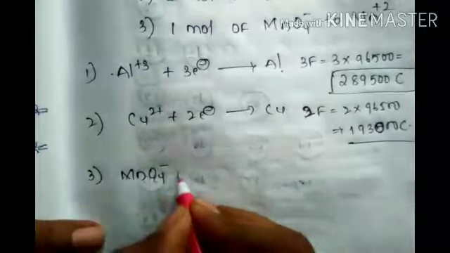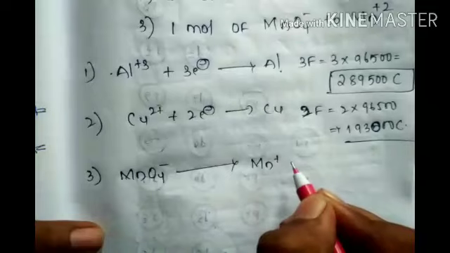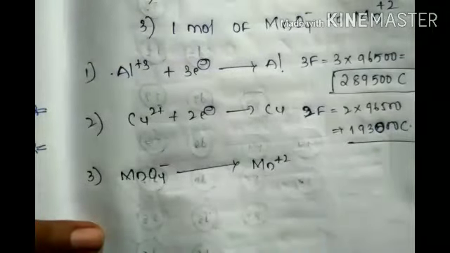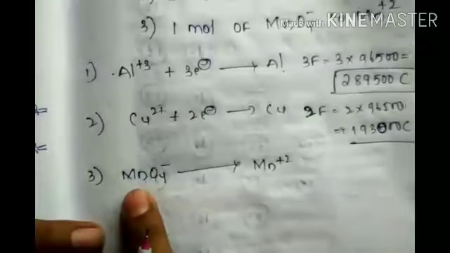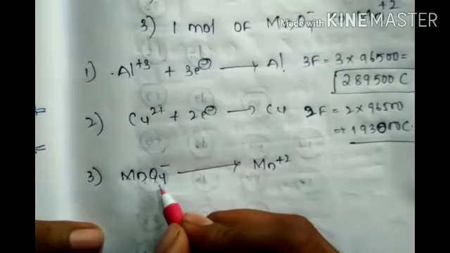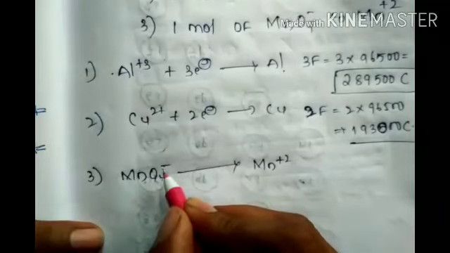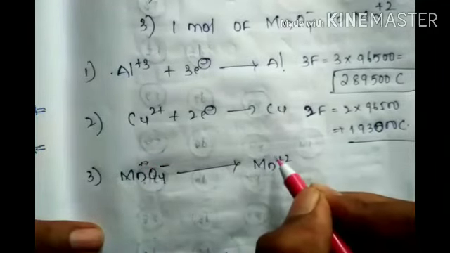Next, the third one: MnO4 minus to Mn plus 2. What happened here? Mn valency: 4 oxygens, 4 twos are 8, this one minus 1, so plus 7 is there here. Here plus 2 is coming.